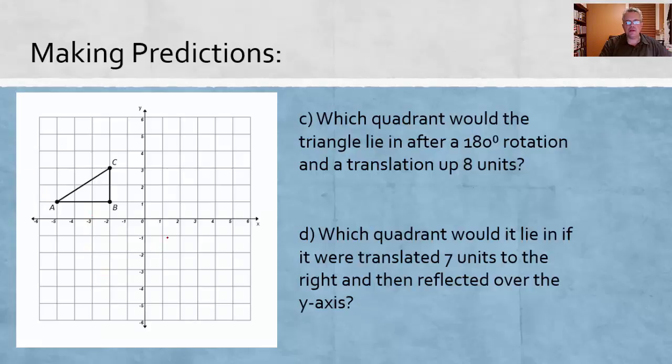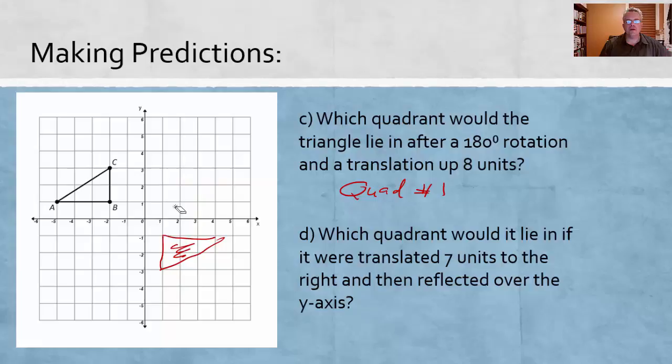It actually doesn't matter which way you go, whether you go clockwise or counterclockwise with a 180-degree rotation. So it'd be somewhere around here, all right? And then up 8 units. Well, that would move it way up into quadrant 1. That's my prediction.